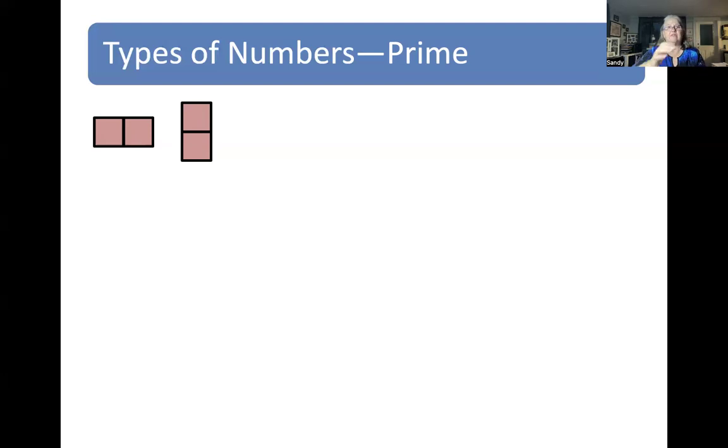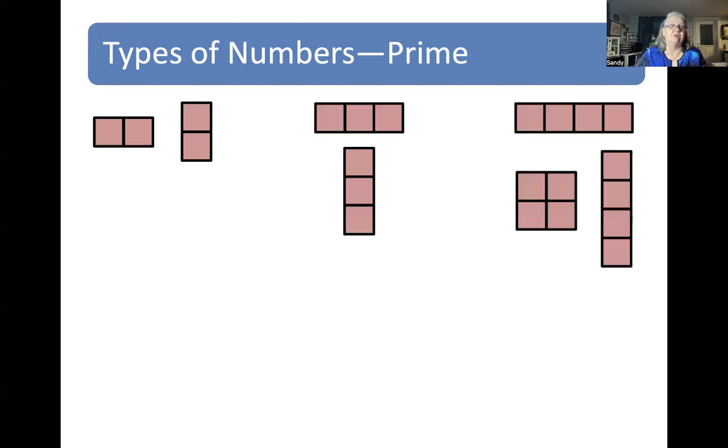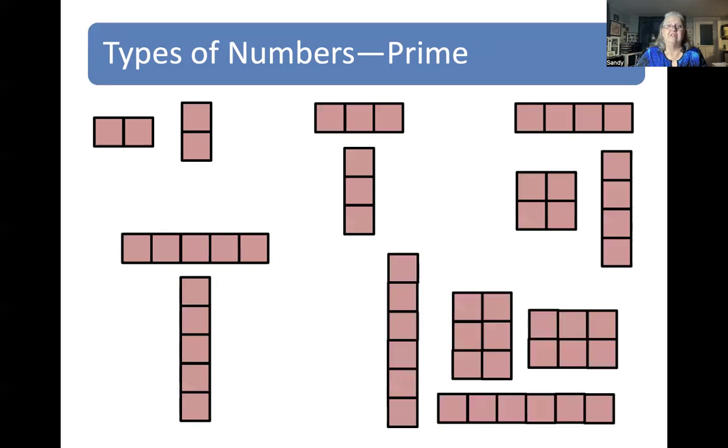And we let the vertical and the horizontal orientation be considered different. So you can see a way I could draw rectangles, must be rectangles, using 2 squares, 3 squares, 4 squares, 5, and 6. So you get the idea.